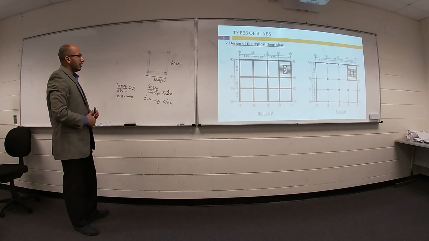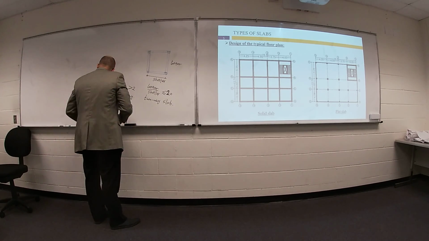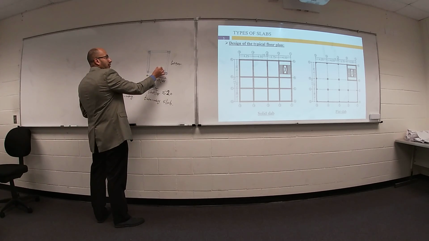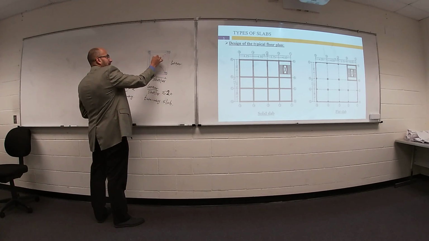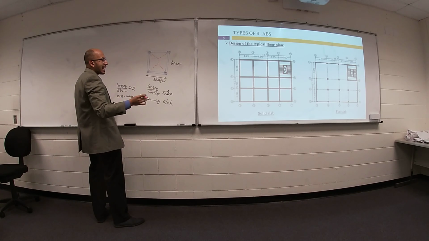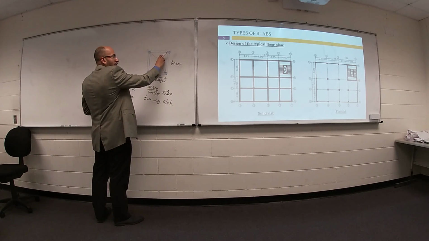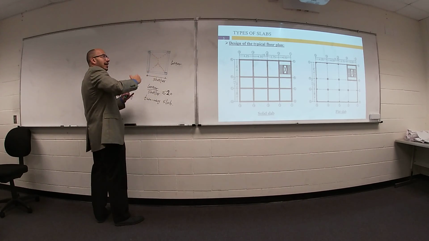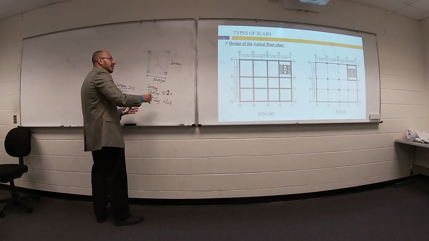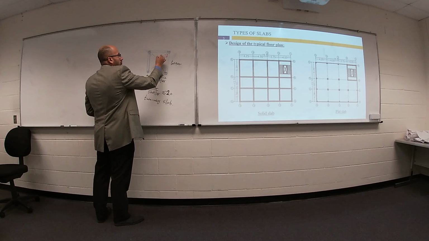What is the difference? For a two-way slab, you come at each corner and draw 45 degree lines to make this envelope, and you can say, this area for this slab, with finishing load, dead load, live load, everything, can be assigned to this beam.